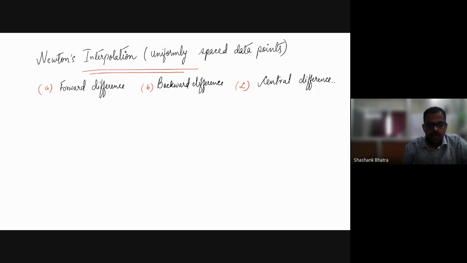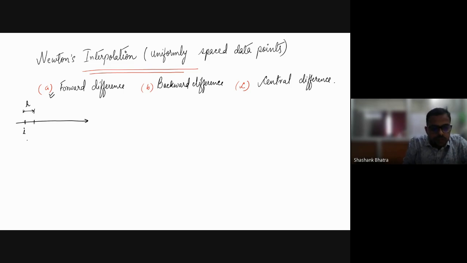Fine. Let us now discuss the first one, which is your forward difference. So what do you mean by forward difference? The first forward difference for a function y at a point x, how are we going to define that? Basically, if you represent the data points, suppose this is the i-th data point, then at an equal spacing, let it be represented as h.